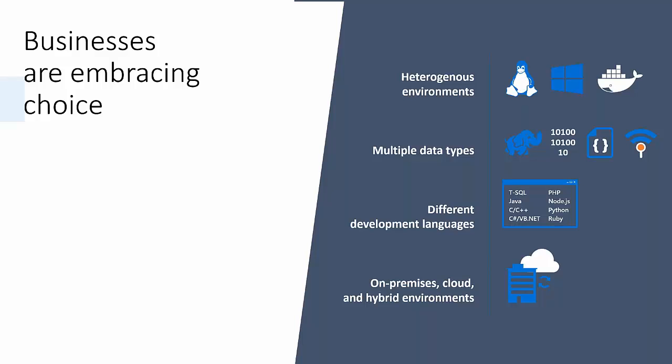We noticed also that the data was no longer just relational, with companies accessing diverse types of data, including video, streaming, documents, relational, both external to and internal to the organization. Also, languages and frameworks were expanding with the popularity of Node.js, Python, Ruby, and so many others.